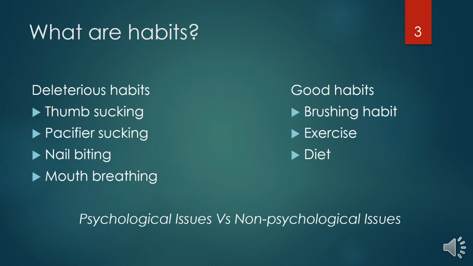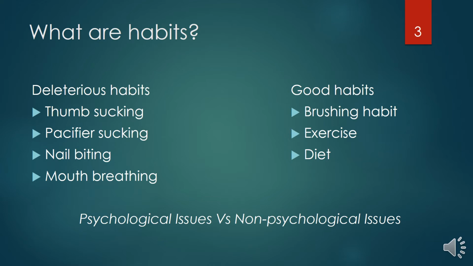Another example that I give is people who have a habit of smoking, right? It's got a very strong psychological issue to it, and of course there are certain non-psychological issues like peer pressure, or just the availability of the cigarette because the father is smoking, so they just get addicted to smoking and then continue on it.